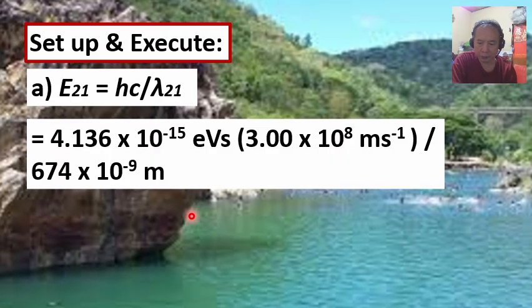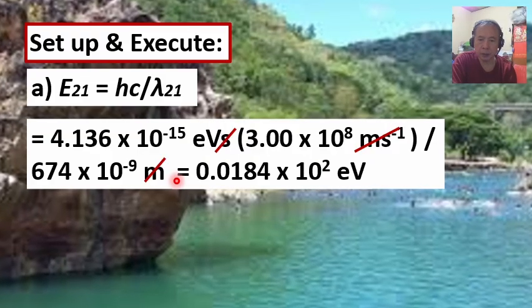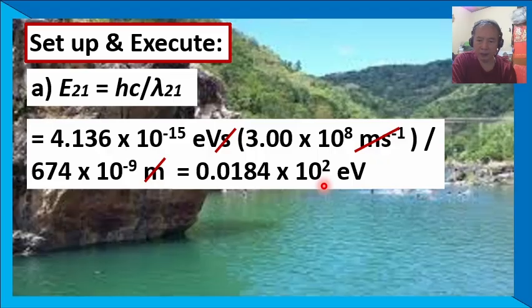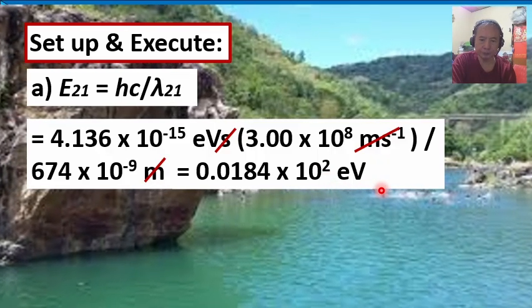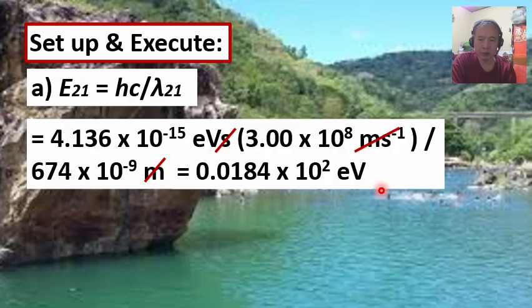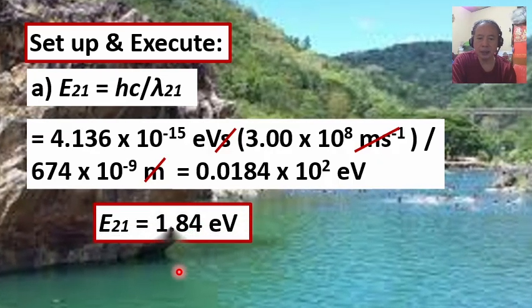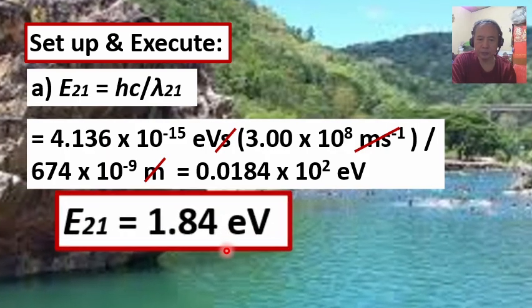So when you do the math, this simplifies to 0.0184 times 10 raised to the second power electron volts, which can also be expressed as 1.84 electron volts.